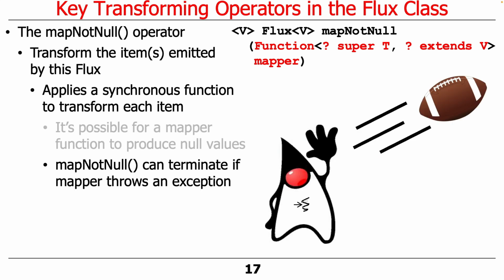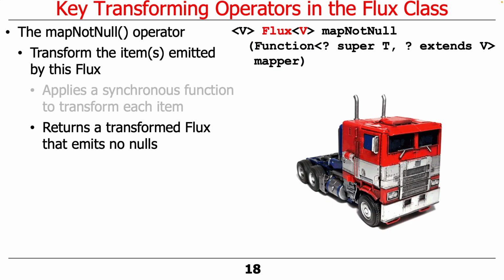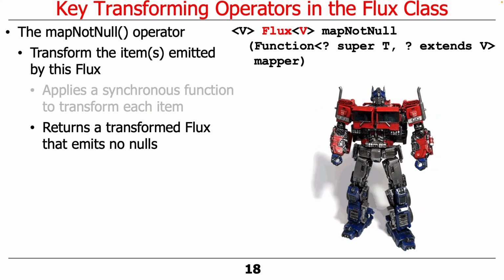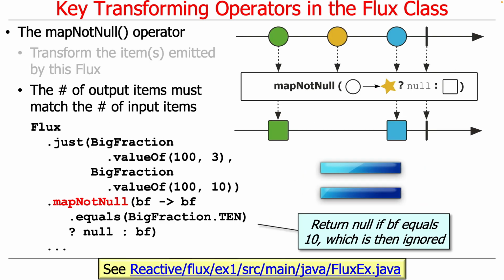As with map, mapNonNull can terminate if the mapper throws an exception. And it returns a transformed flux that will not emit any nulls by design. So let's take a look at a very simple example that will illustrate this. Here we're going to use Flux.just, which is that factory method we talked about the other day.